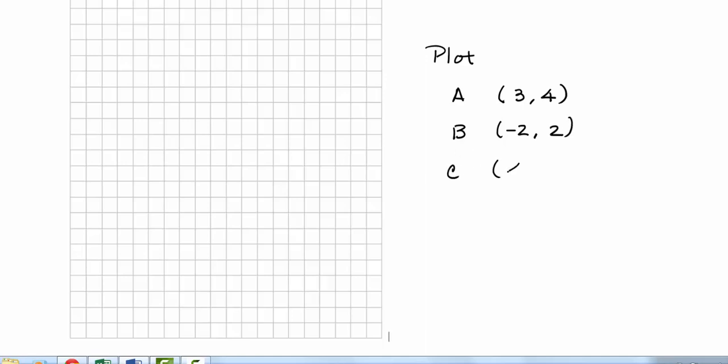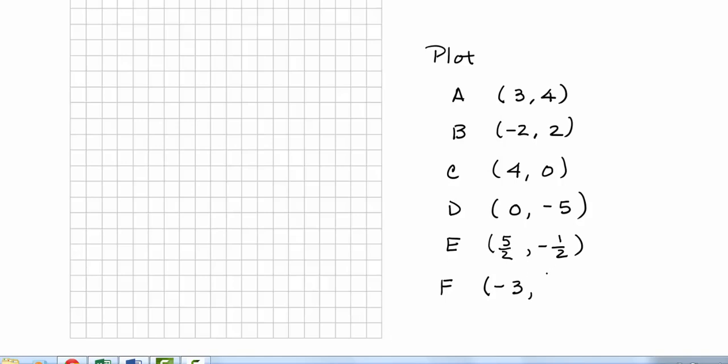C, which is (4, 0). D, which is (0, -5). E, let's do (5/2, -1/2). And how about F is (-3, -6). Let's do that. Okay, so let's go ahead and draw out our x-axis and our y-axis.